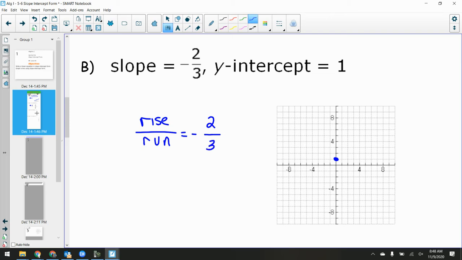Remember, negative sloping lines go down and to the right. Down and right 3, down and right 3. I could also go up and left 3, up and left 3. Notice that that gives us the exact same line. Fill the graph with coordinates.